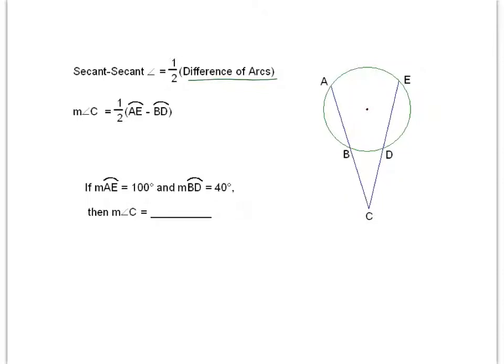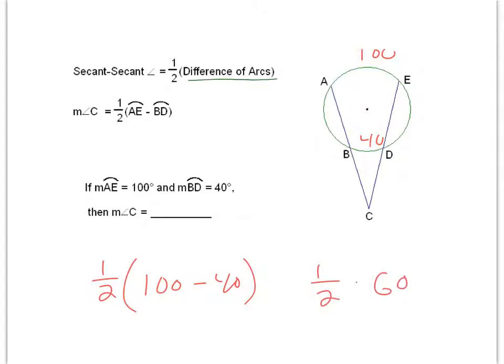So I'm going to label measure of arc AE is 100. Measure of arc BD is 40. So therefore my measure of angle C is going to equal 1/2 times 100 minus 40. 100 minus 40 is 60. 1/2 of 60 is 30 degrees.